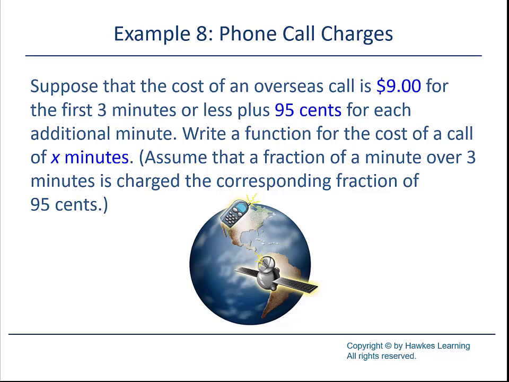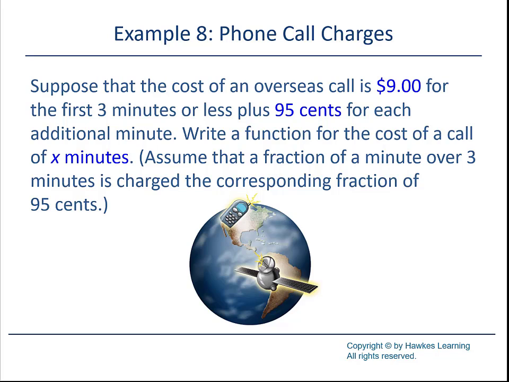Pay $9 for the first 3 minutes, no matter how much you use up to the 3-minute limit. Plus, if you go over the 3 minutes, it's 95 cents for every minute over that. So writing a function of the call is not quite as straightforward as the previous ones. And notice that it says, assume the fraction of a minute over 3 minutes is charged by a corresponding fraction.